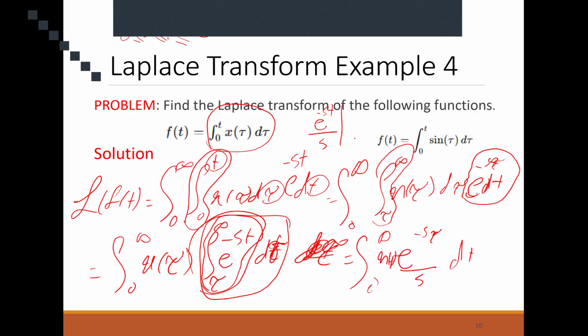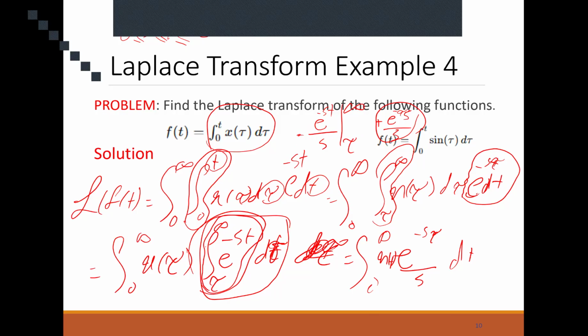So now we do the integral from tau to infinity, and put these values. This is minus, so it's going to be 0 minus e to the power of minus s tau, which is plus, over s. Make sense? How we did the integral? So this is the result of the inner integral. We put that here.